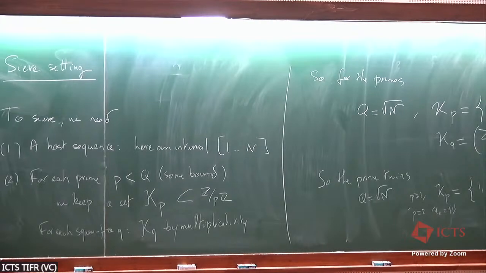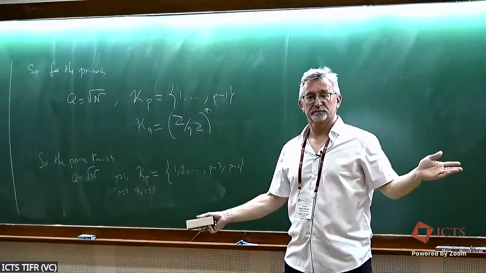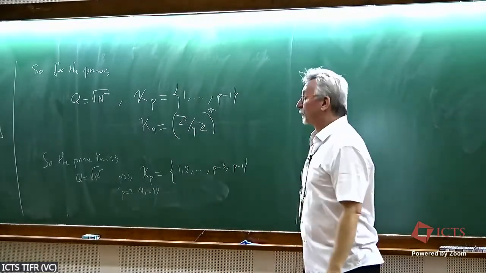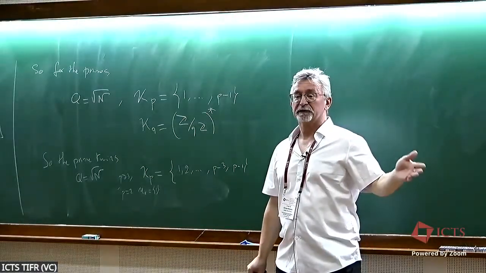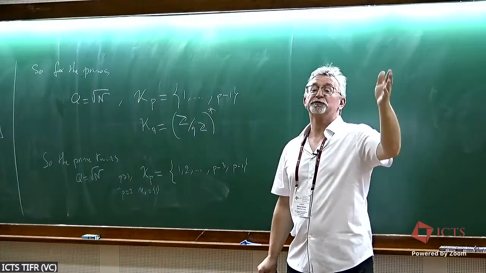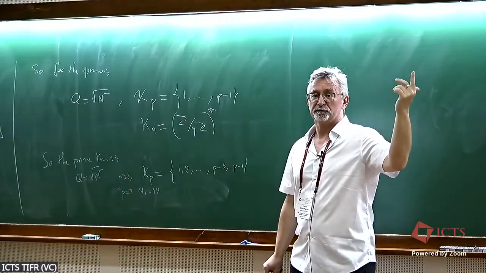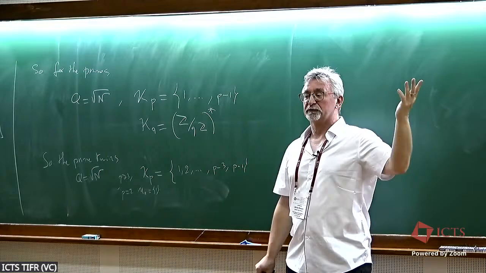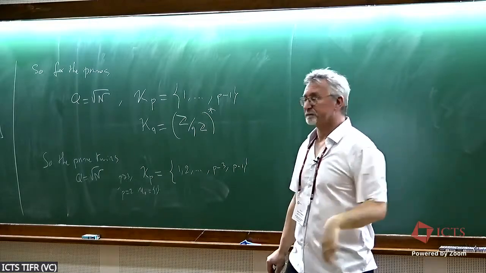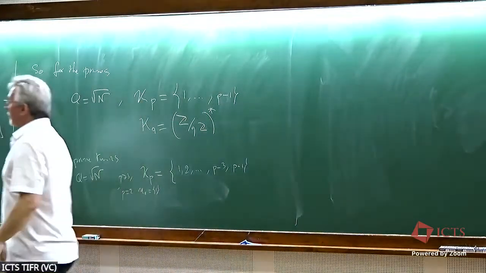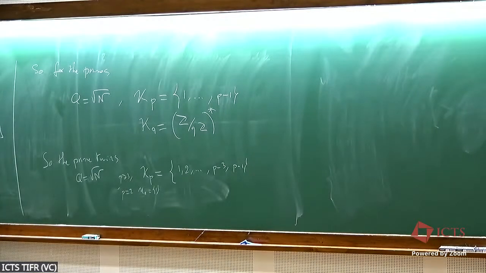If p is congruent to 1 modulo 4, you remove nothing. So K_p is everything. For the Eisenstein integers, if p is congruent to 2 modulo 3, you remove one class, 0. Otherwise, you don't remove any class. And I let you do my funny example number 4.